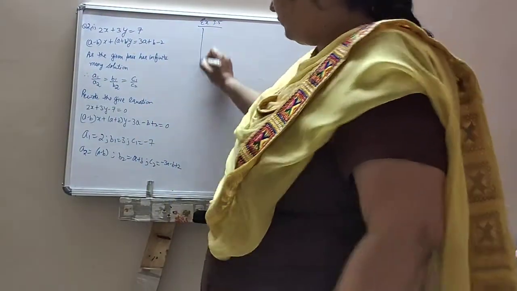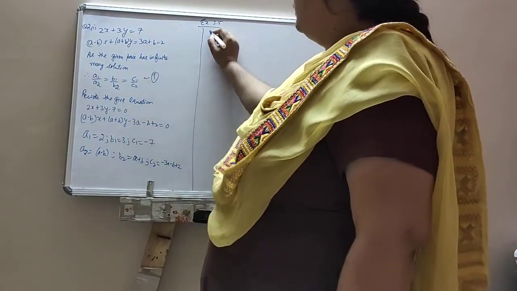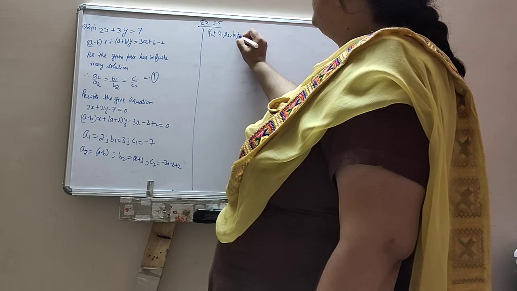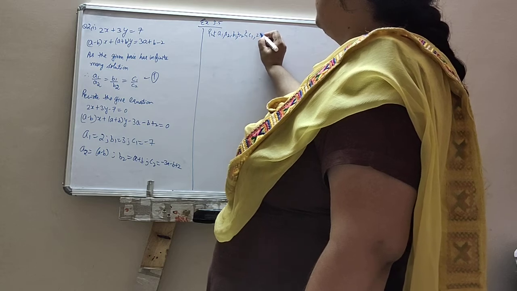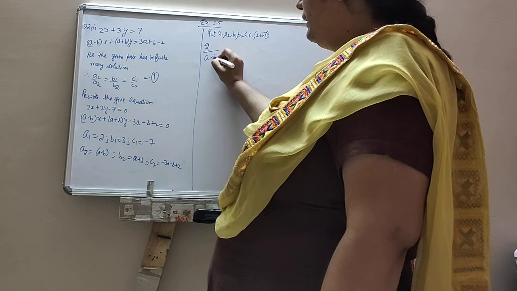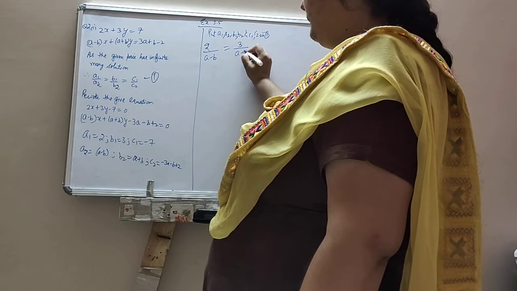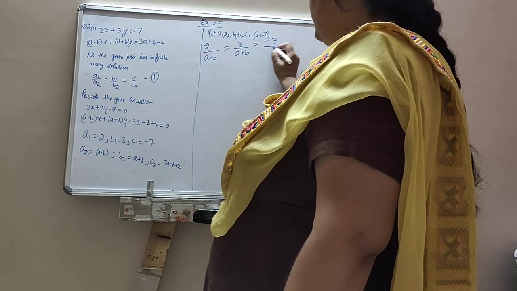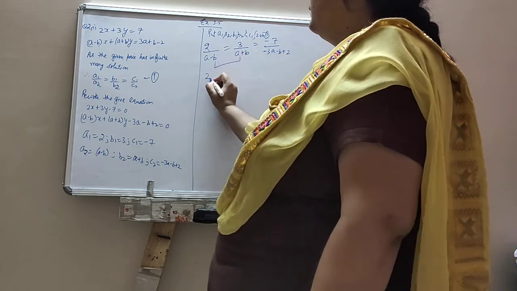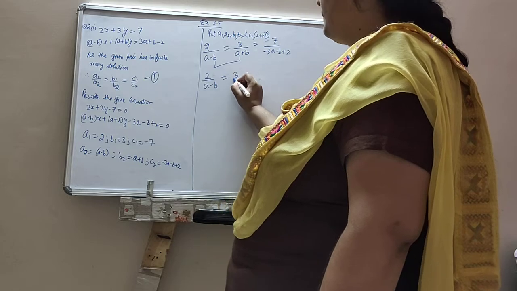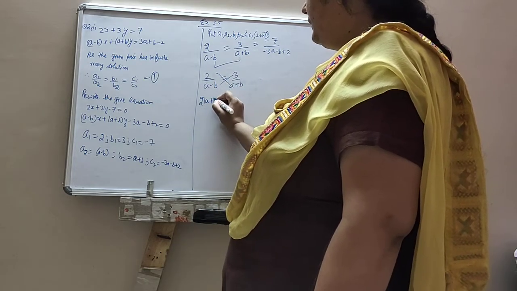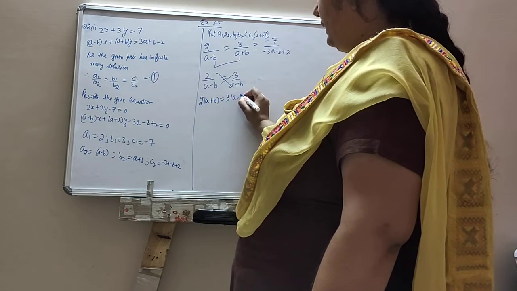Now put a1, a2, b1, b2 and c1, c2 in 1. So 2 by a minus b, 3 by a plus b, minus 7 by minus 3a minus b plus 2. Firstly consider these two. 2 by a minus b, do the cross multiplication. 2 times a plus b, 3 times a minus b.